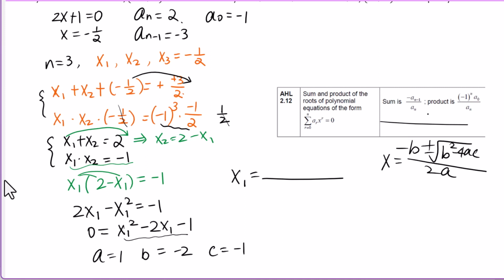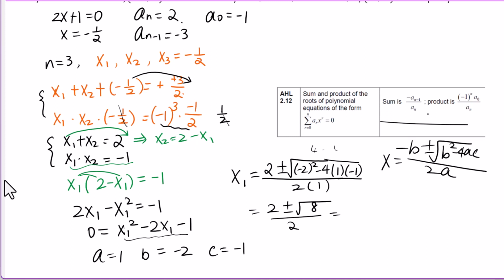This is the quadratic formula. 2 plus or minus the square root of (-2)^2 - 4 times 1 times -1, over 2 times 1, equals 2 plus or minus the square root of 4 + 4 is 8, over 2, equals 2 plus or minus 2 square root of 2 over 2, equals 1 plus or minus the square root of 2.